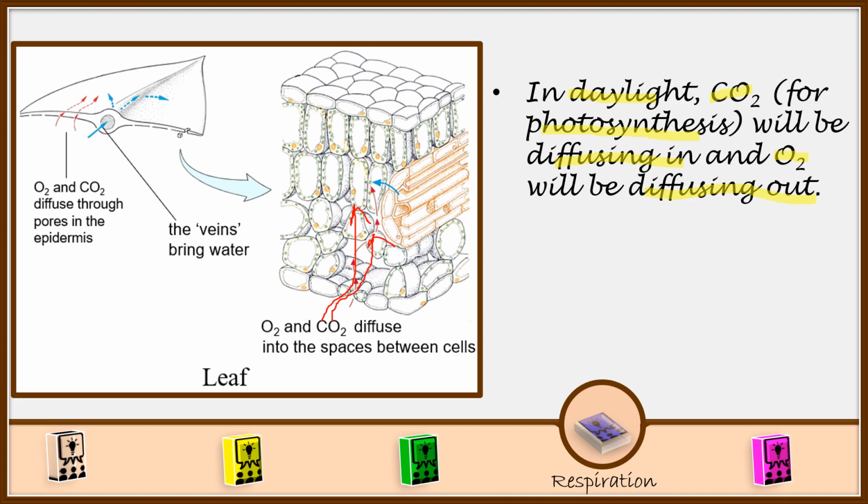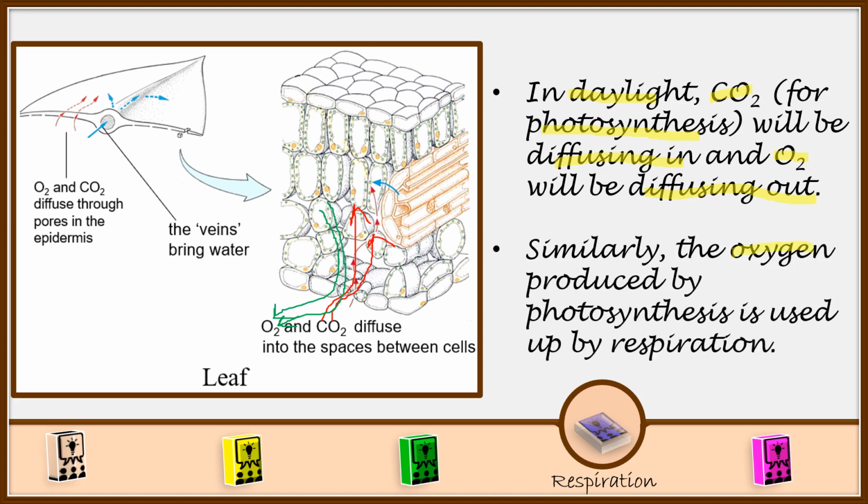Oxygen will be diffusing out because oxygen is being produced in the process of photosynthesis. That is during the daylight.